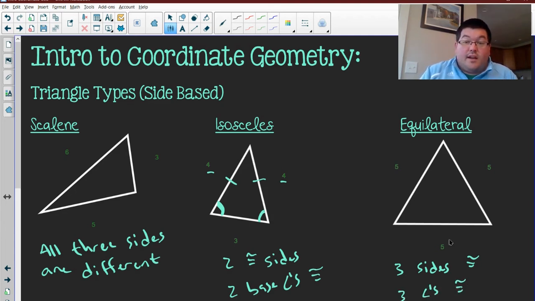And since a triangle sums to 180 degrees, we also know exactly what that measurement's going to be, right? If all of these angles are congruent, well, that means that each angle will represent 1/3 of 180 degrees, or each angle is 60 degrees.